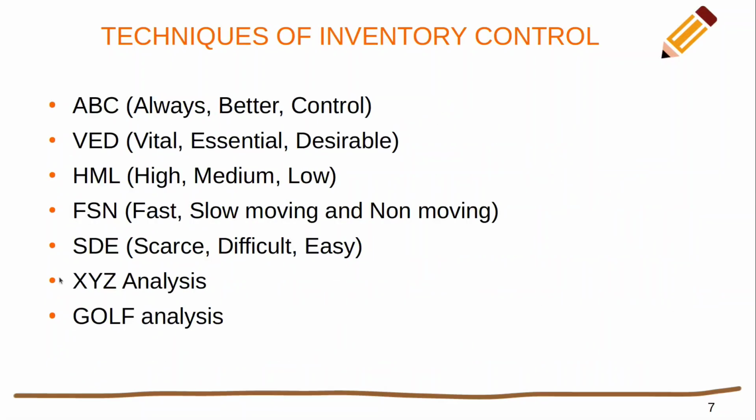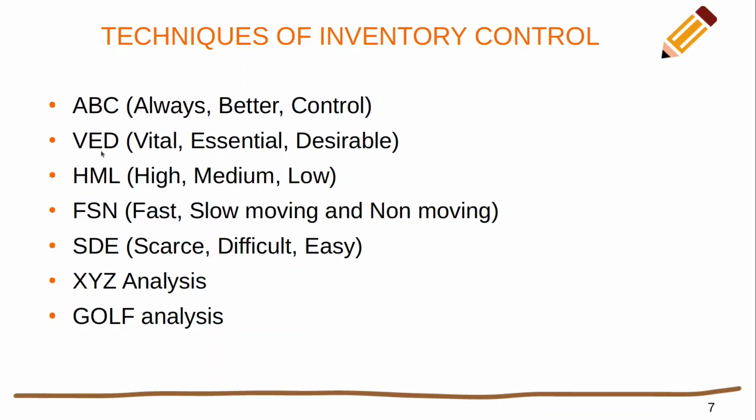These are the functions. Then, techniques of inventory control. Techniques are very important in this topic. You may get a question on just techniques of inventory control, or you may get a question as inventory control, in which you may score good marks if you mention these techniques. What are those techniques? ABC, that is always better control.